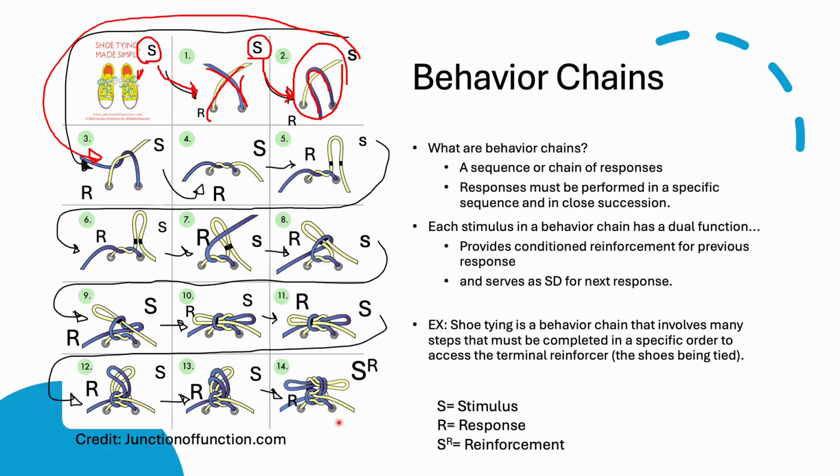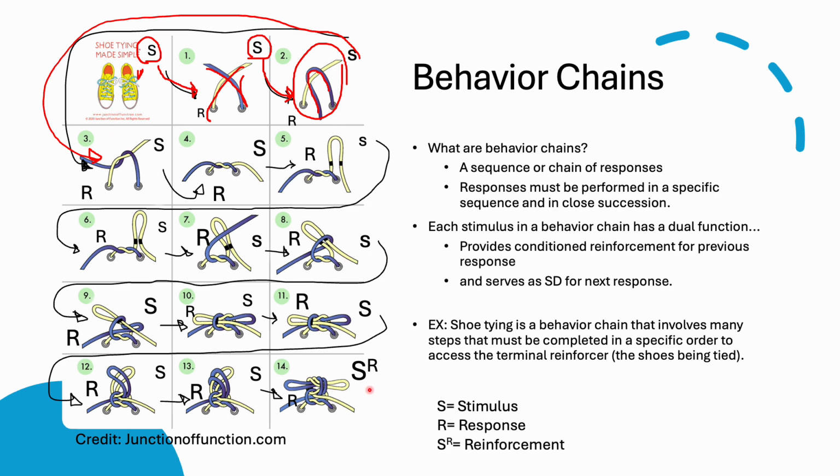This last step will result in a terminal reinforcer. Each one of these steps has resulted in conditioned reinforcement, but this final step will result in a terminal reinforcer that reinforces the entire chain of responses.